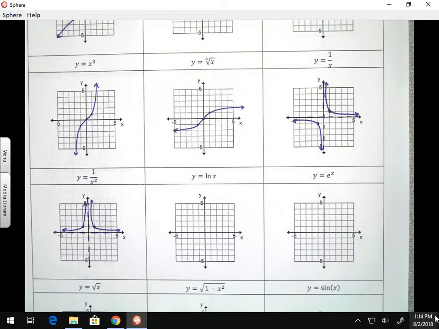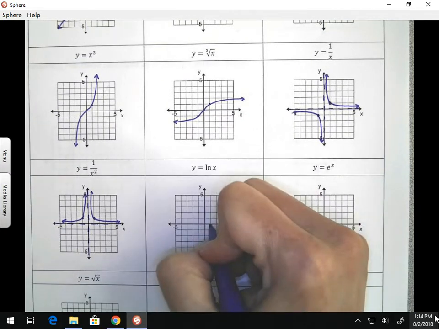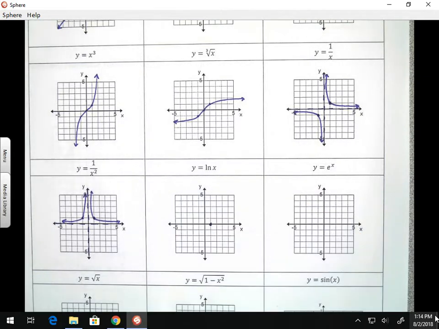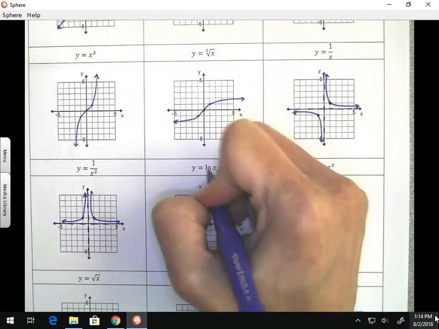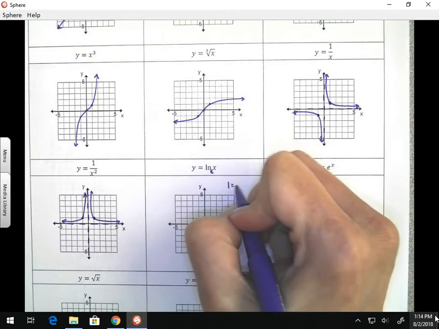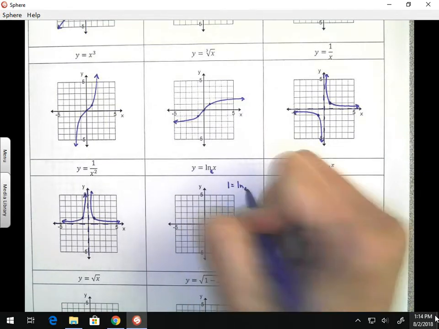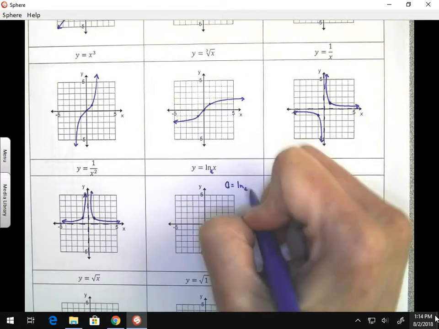Okay, now for the natural log of x, we know that a key point to remember here is going to be the point (1, 0). And so here's something to remember. Natural log, hopefully we all remember that natural log has a base of e. So if we're saying y = ln(x), that's base e, where y is 0, x is 1.